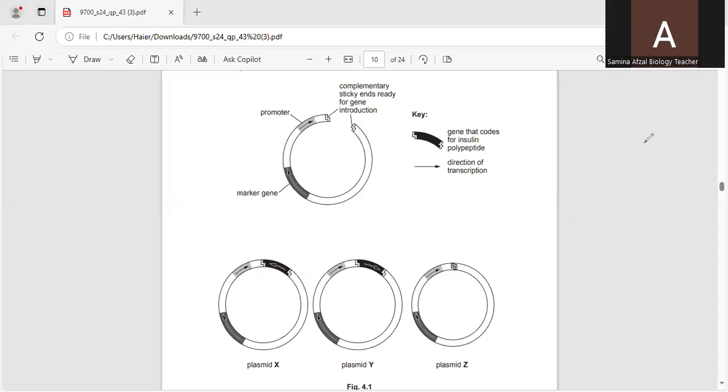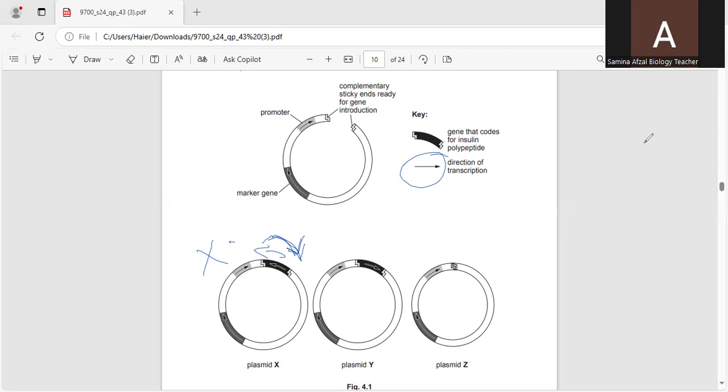First of all, in plasmid X, when we insert the gene, the arrow is in the opposite direction. The arrow should be on this side, as they have given, but it is in the opposite direction. So it will not produce the insulin, because it is moving in the backward direction, the wrong way.